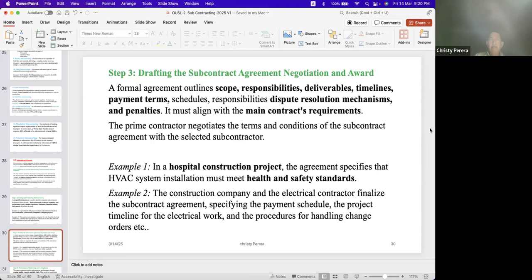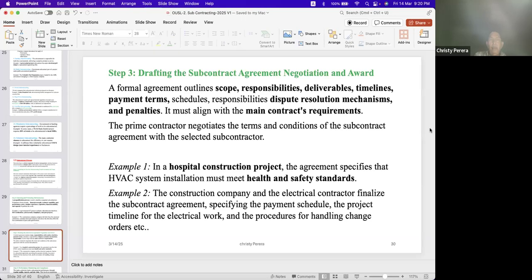For example, in a hospital construction project, the agreement specifies that HVAC system installation must meet health and safety standards.